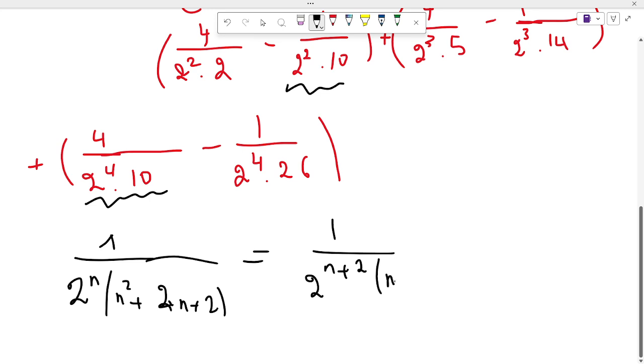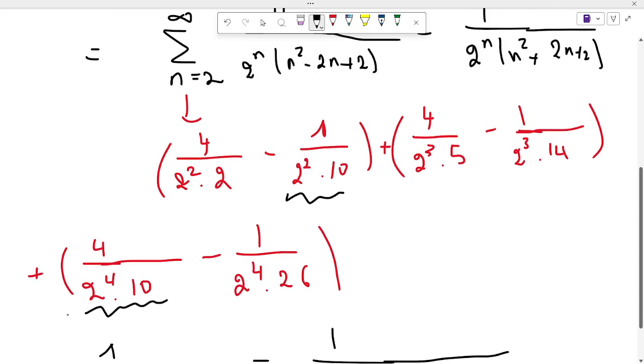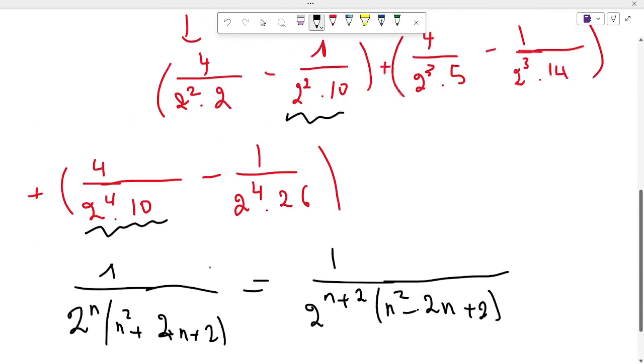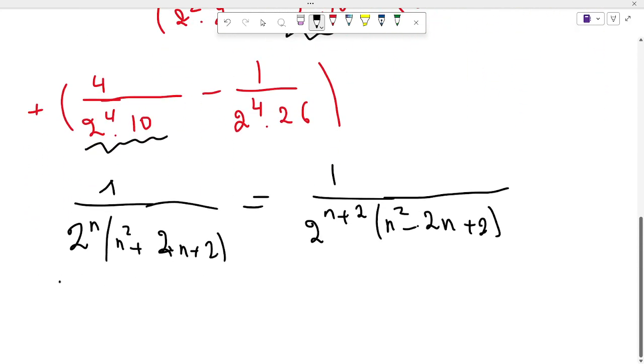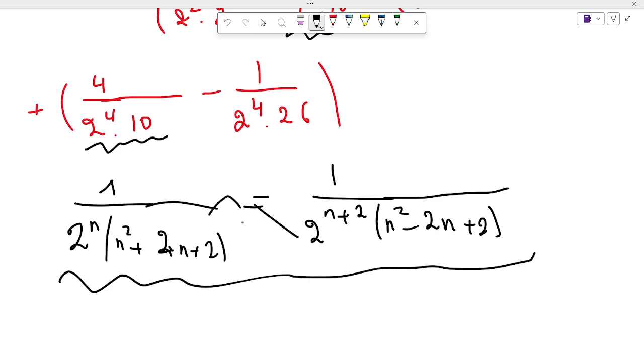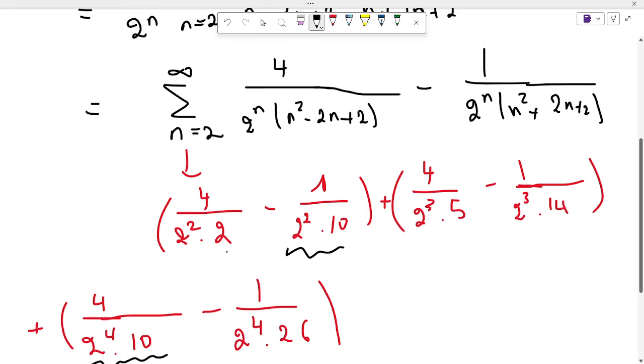You can see that this is true. I'll leave it to you guys to do this and you'll get the result.